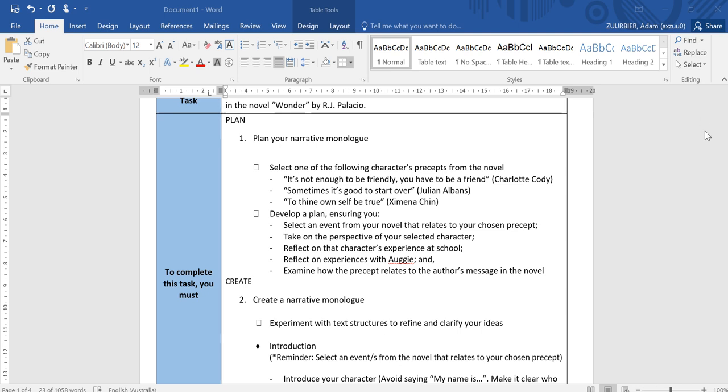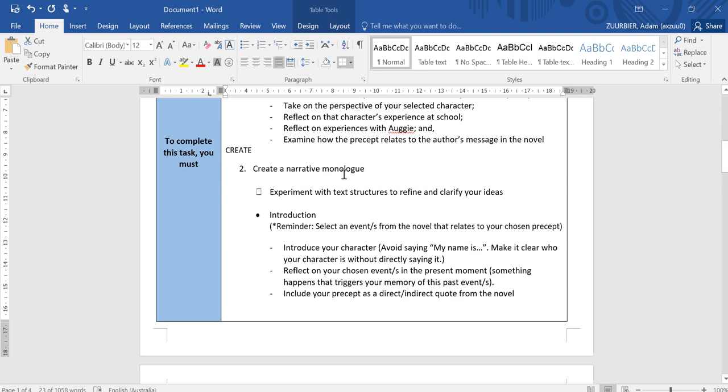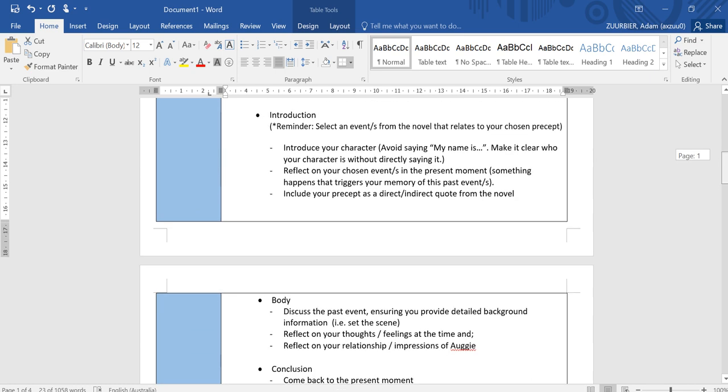All right, let's keep having a look here at what else we have. You need to create a narrative monologue, experiment with text structure, and refine and clarify your ideas. It gives us a structure and how we can break up this monologue. Introduction: introduce your character. Don't say "my name is." Make it clear who the character is without directly saying it.